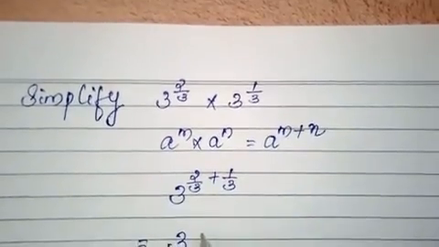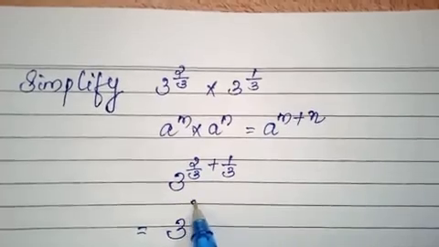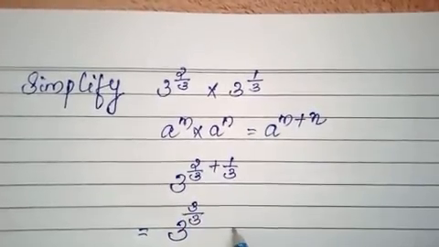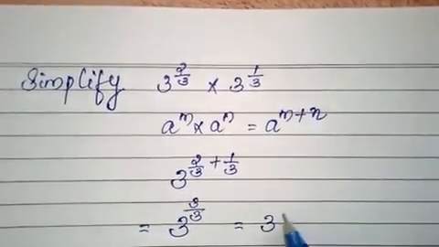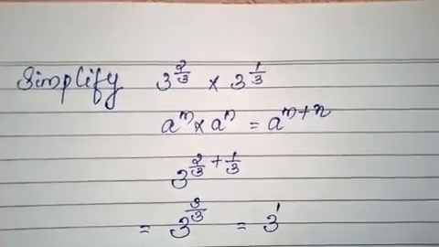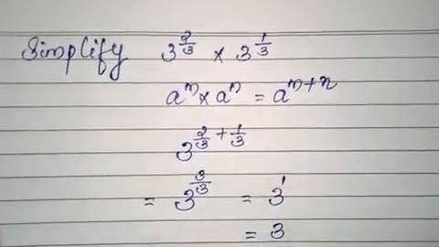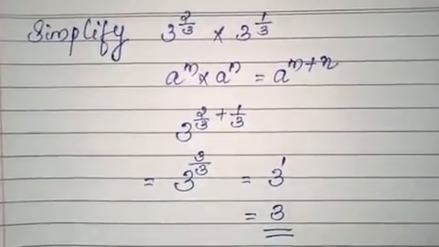The denominators are same, so we should add the numerators directly. 2 plus 1 is 3, 3 by 3. That means 3 raised to 3/3. A number divided by the same number, answer will be 1. 3 raised to 1 means that is 3. Understood?